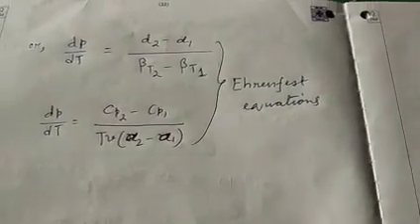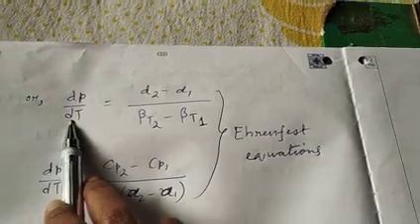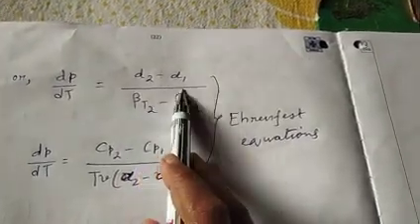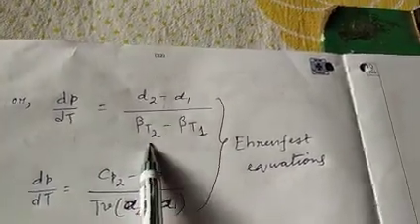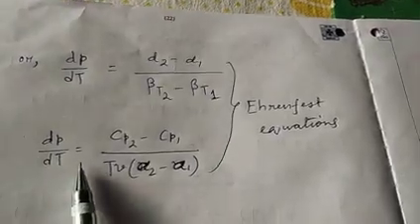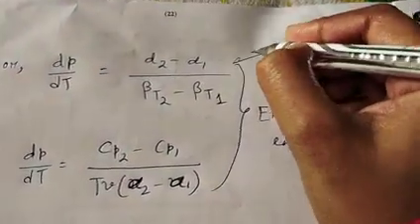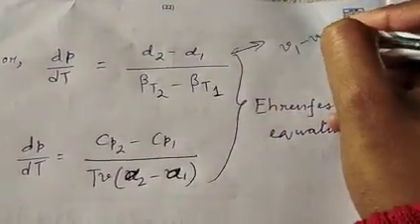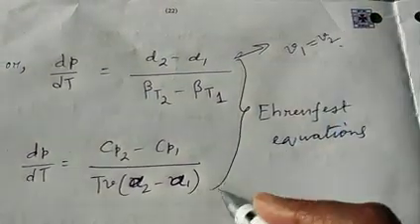Finally we have the similar term dP/dT, which is (alpha 2 minus alpha 1) divided by (beta T2 minus beta T1).